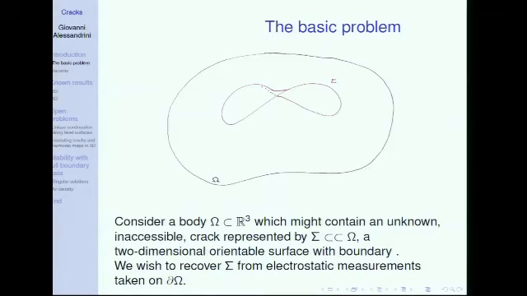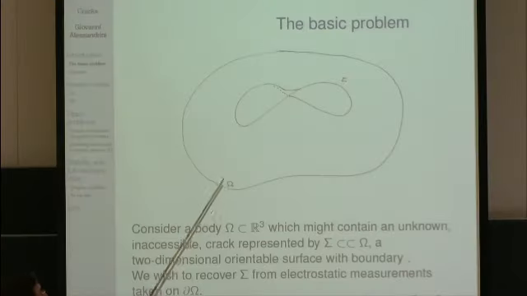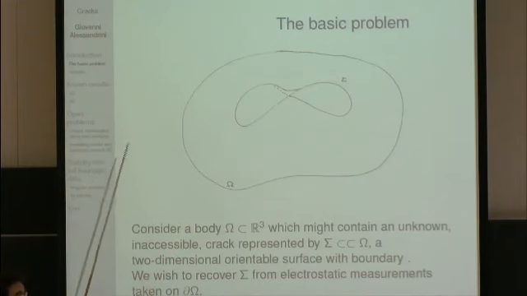This is the surface which models the crack, and what one would like to do is taking electrostatic measurements from the boundary of the body to determine the presence and the shape of the crack.